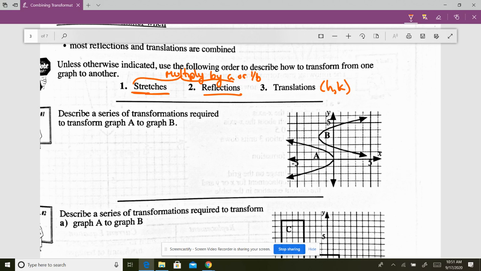Yeah, if you flip it that way, right? So that'd be the first step, because there's no expansion vertically or horizontally, since it's the same width, essentially. So first would be to reflect over the y-axis. So if I do that, I get this.